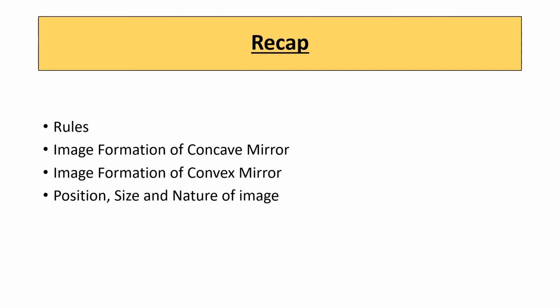The third rule, if the incident ray passes through the center of curvature, the reflected ray will reflect back along the same path. The fourth rule, if the incident ray falls oblique at the pole of the mirror, then the reflected ray is also oblique, obeying the laws of reflection.